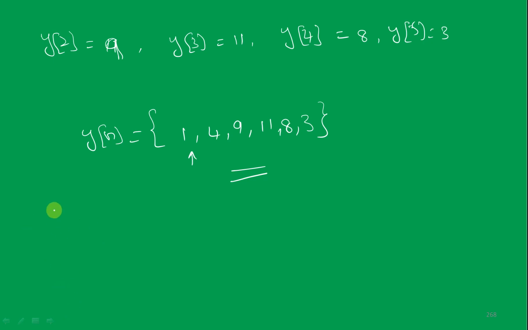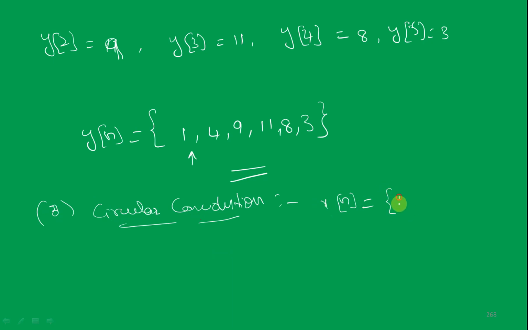So that means, here, as an alternate method using circular convolution, take x of n as 1, 2, 2, 1. So add the zeros according to the linear convolution result, right? Now what is h of n? 1, 2, 3, 0, 0, 0.